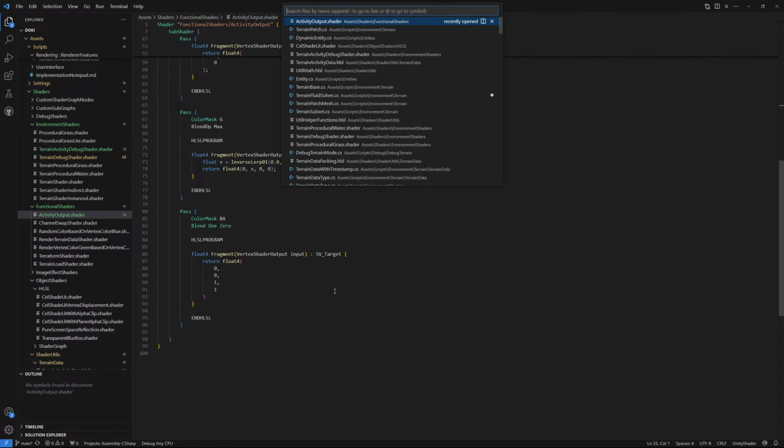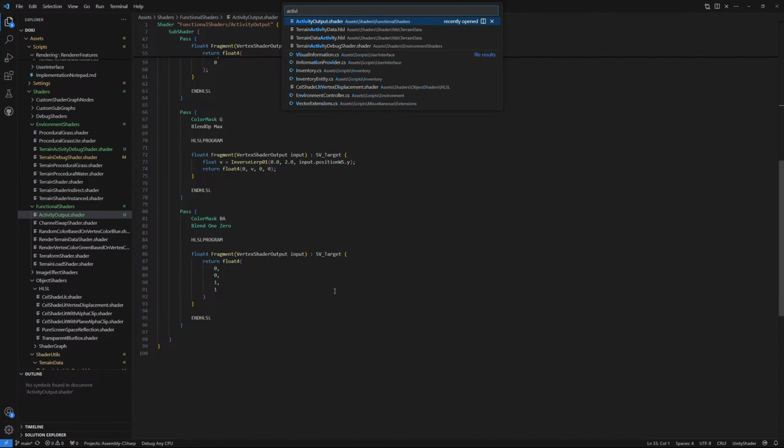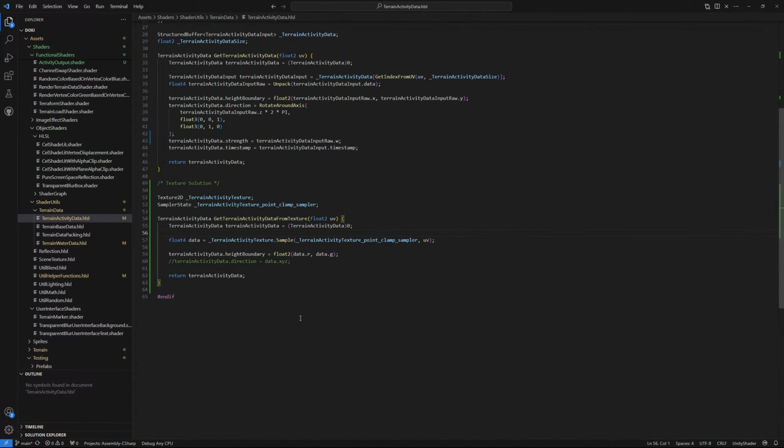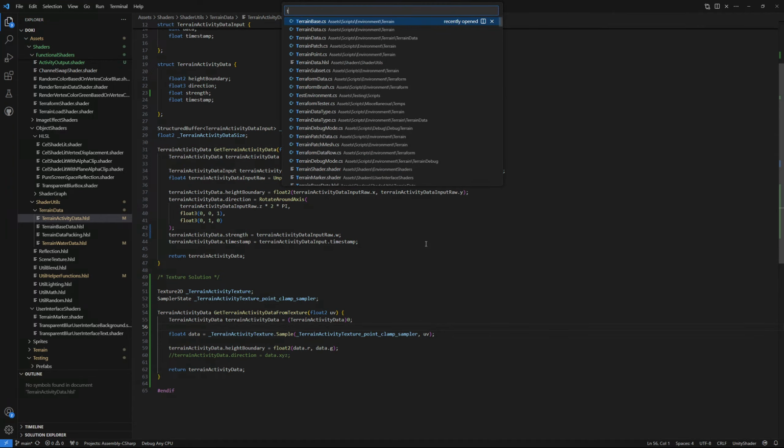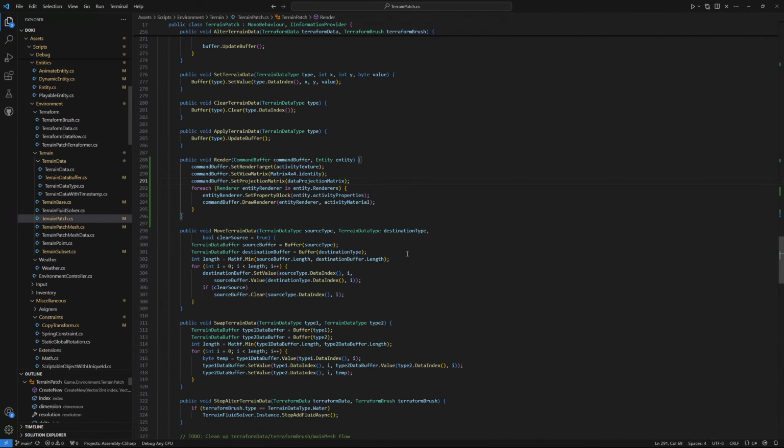So activity terrain, activity data. Basically, I want to terrain patch.